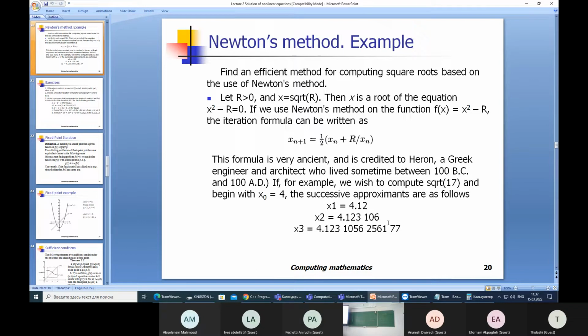No, it seems wrong. The result is wrong. Check your computation.